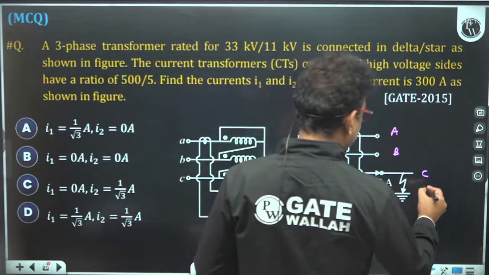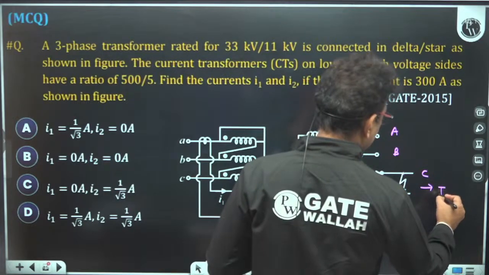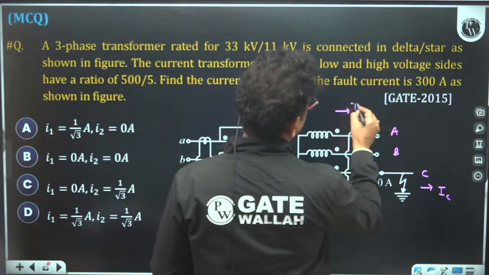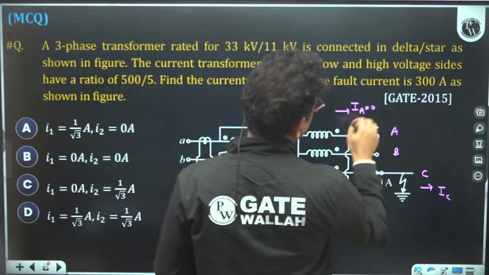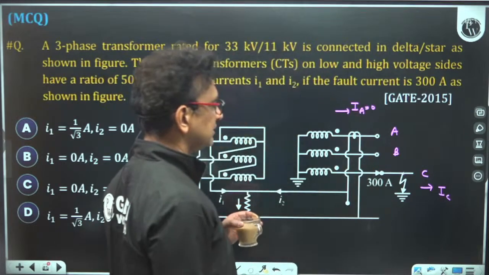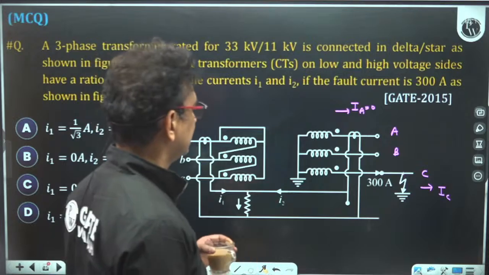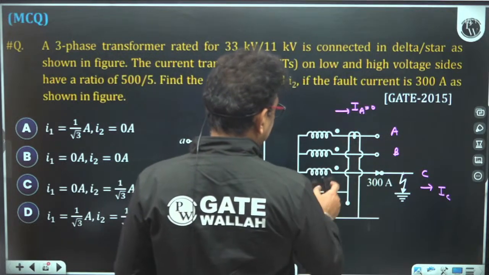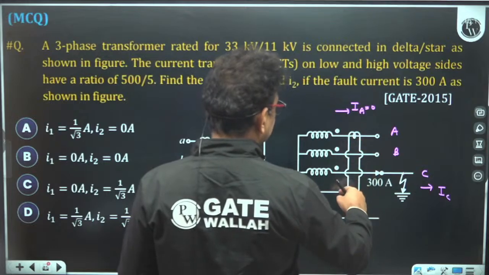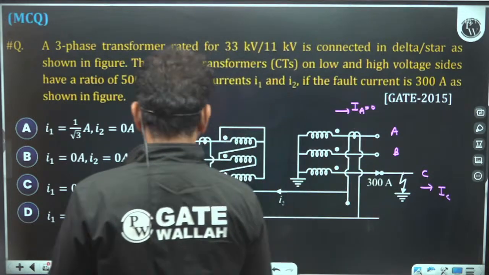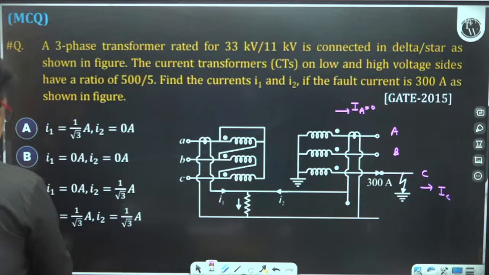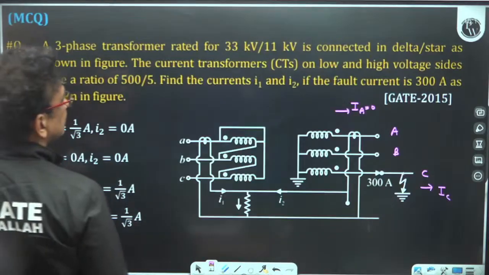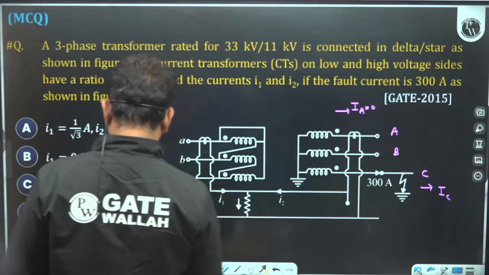So the fault current will be the IC current only. If we neglect the load current, this IA current will be equivalent to 0 because the current will flow only in the C phase. If this current is 0, then the secondary side current in the CT is also 0. My CT ratio is 500 upon 5.